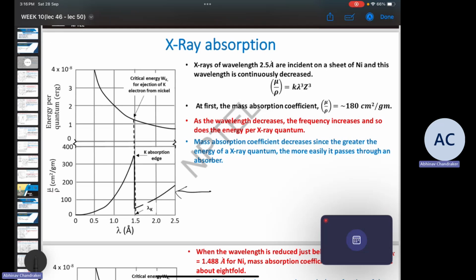At high wavelength, that is low energy, the mass absorption will be higher because low energy X-rays can easily get scattered.